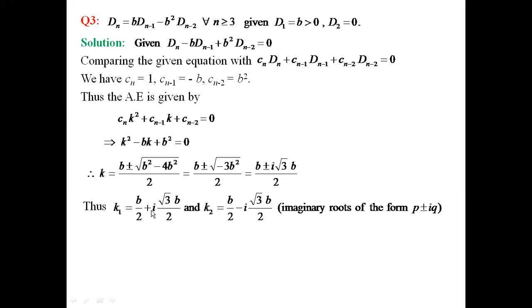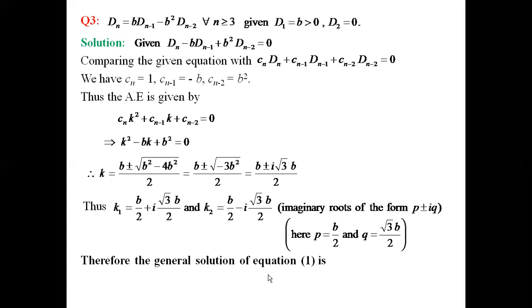So these are imaginary roots which are of the form p plus or minus iq. So on comparison, we can write down p value as b by 2 and q value is root 3b by 2. So we are just comparing with the standard form and able to write down p and q values.